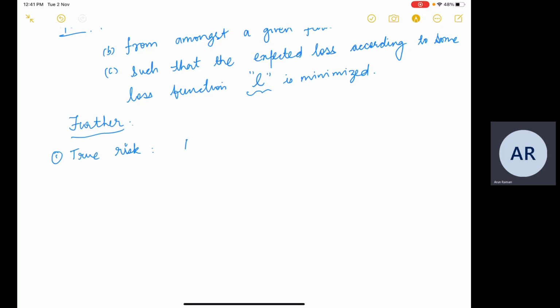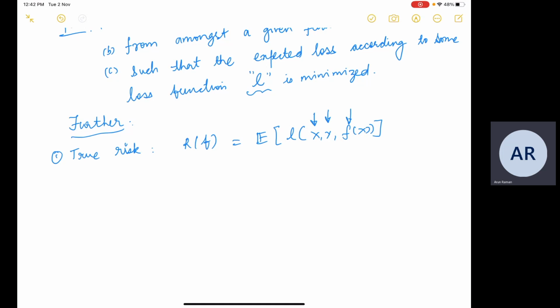First is that of true risk. This true risk is what we want to minimize. Okay. f is our function that we have learned. y is the output corresponding to the input x.